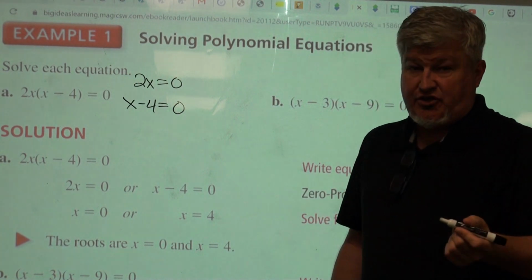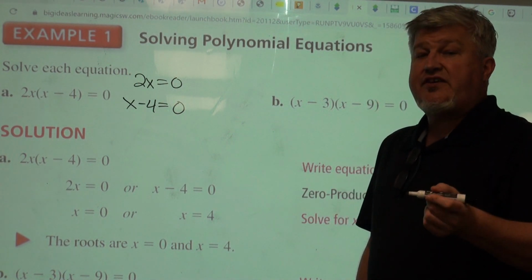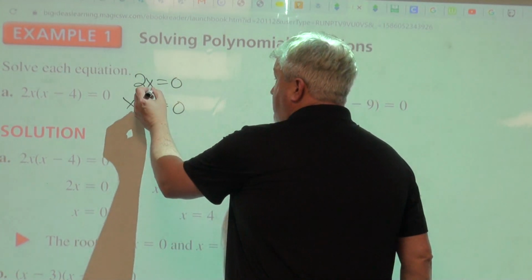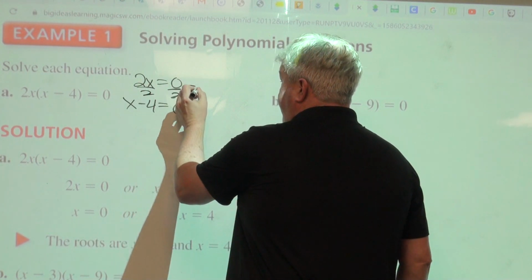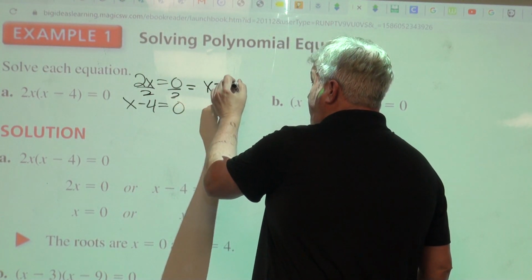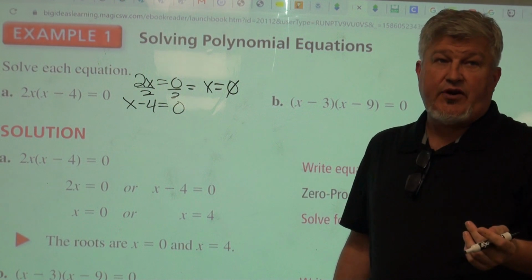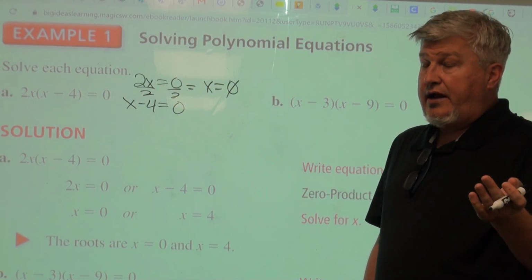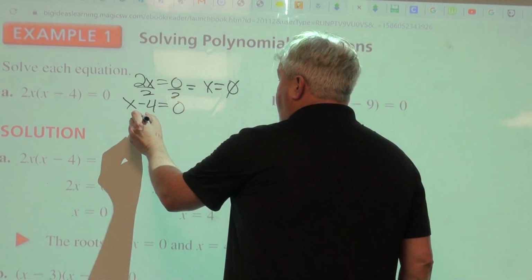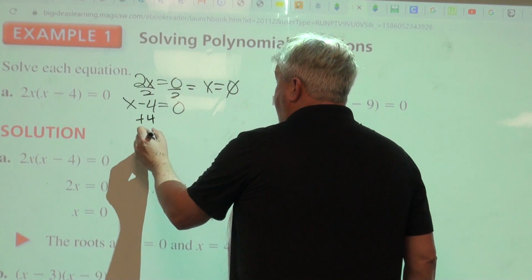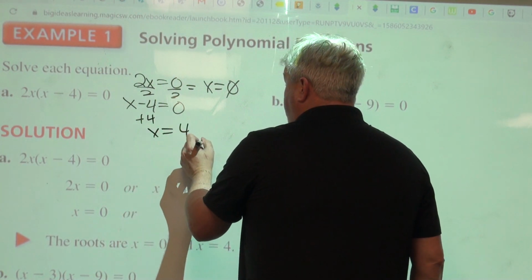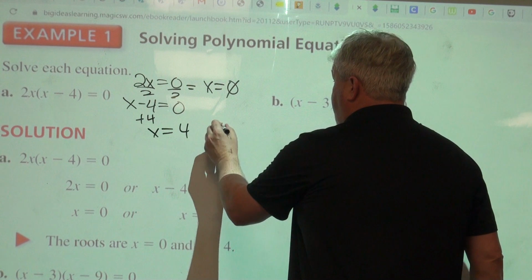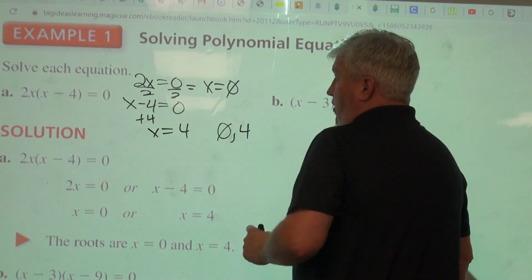And now I do my algebra. For 2x equals 0, I divide by 2, and I get x equals 0. That's one option for an answer. Or x minus 4 equals 0, add 4 to both sides, x equals 4. So my possible solutions are 0 or 4.